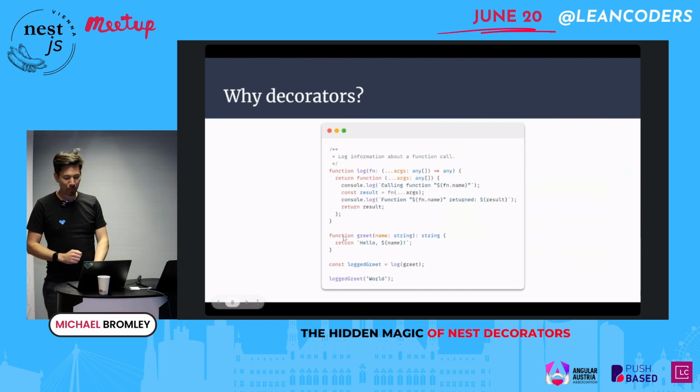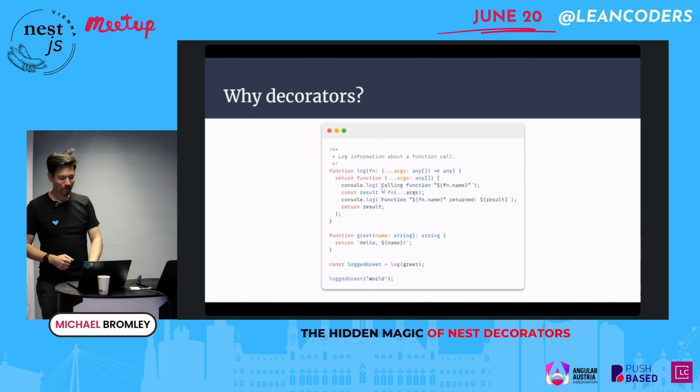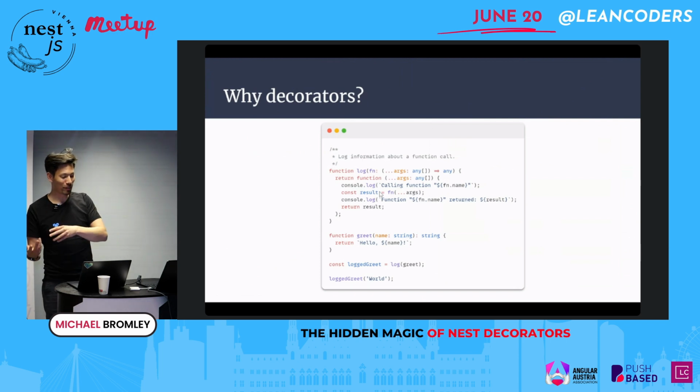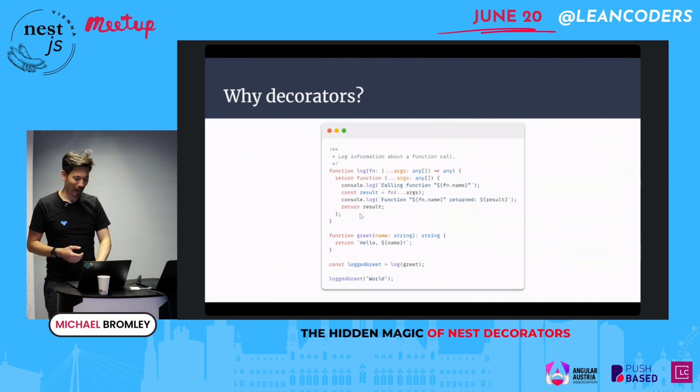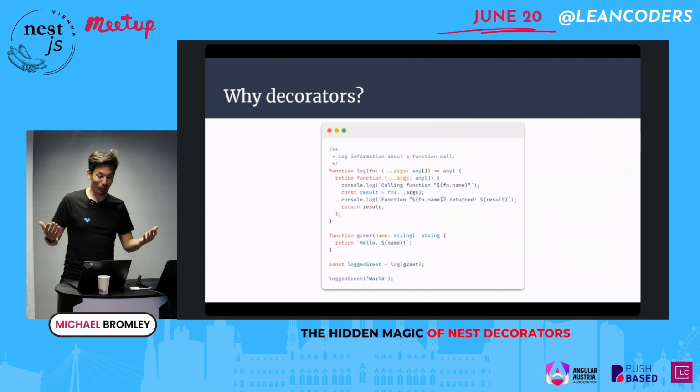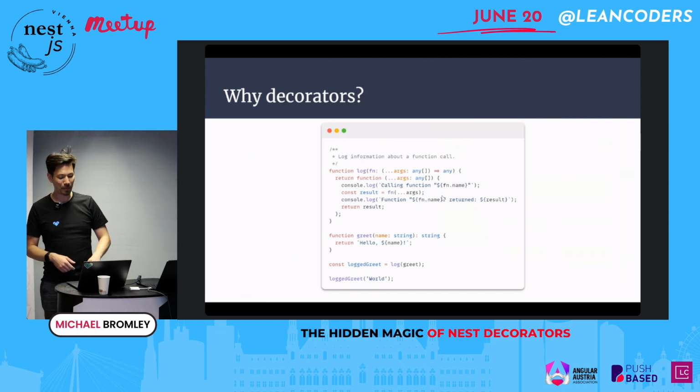That's all it does. Up here we have a decorator function, which is called log, and that receives a function. And it just logs the fact that this function is about to be called, and then it calls the function, collects the result, and then it logs the fact that that function was called and that it's got a result, and then it returns it.